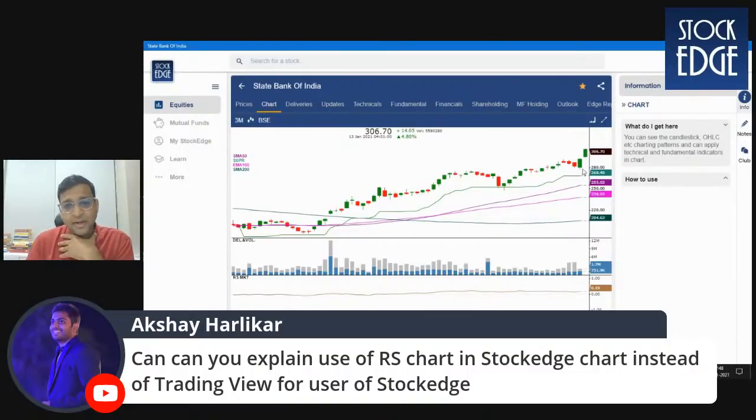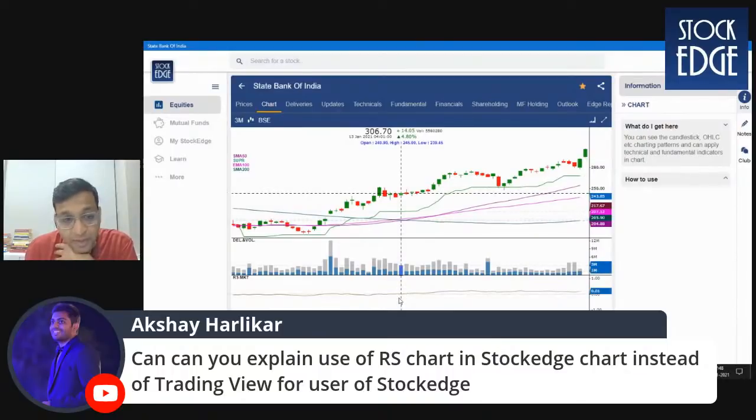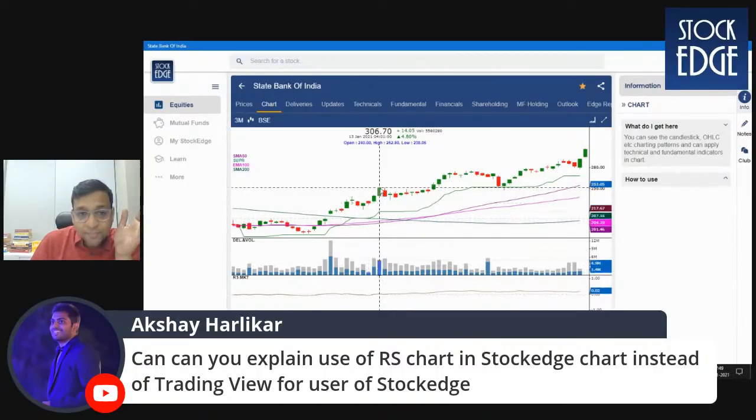In this template again, if you see State Bank of India, RS has been above zero since 24th of November. This was the swing high on that day, 24th November, which was around the 250 level. So the moment this high was broken, it was touched again here.